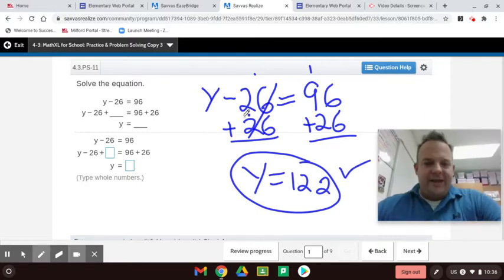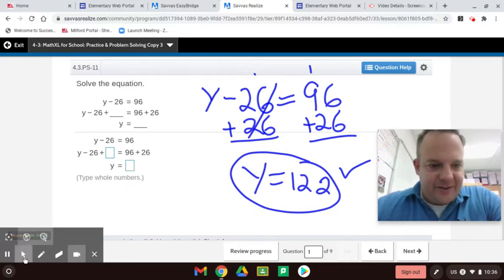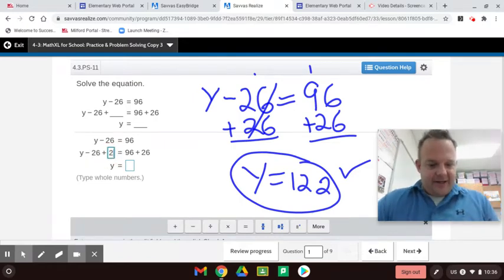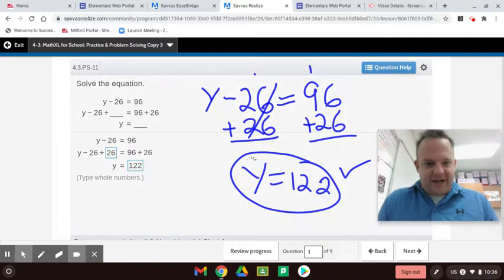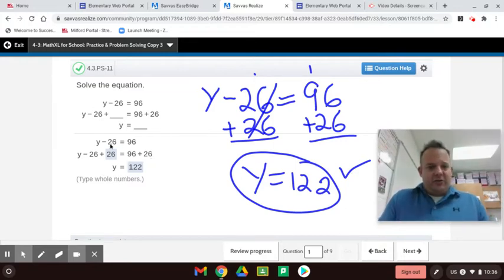So they're showing this adding 26 on both sides a little different. I guess it's easier to type it out the way they're doing it. The inverse of subtracting 26 is adding 26 on the left side, and then you add 26 on the right side, and then you get the 122 like that. In my personal opinion, if you had to type it out and show your work, which nowadays is pretty much all on the computer, you would show it like this.